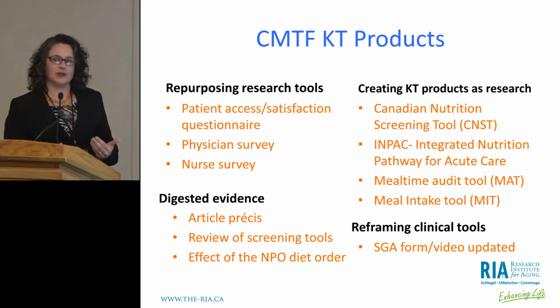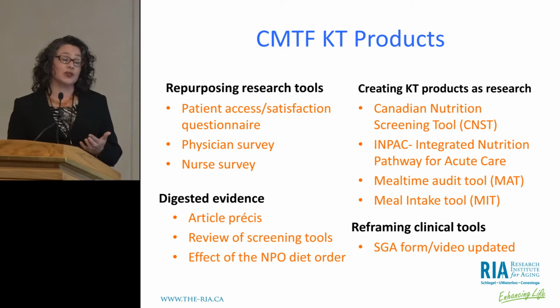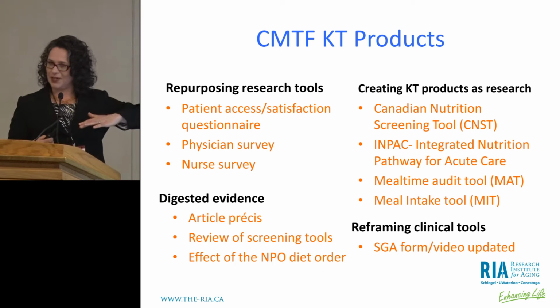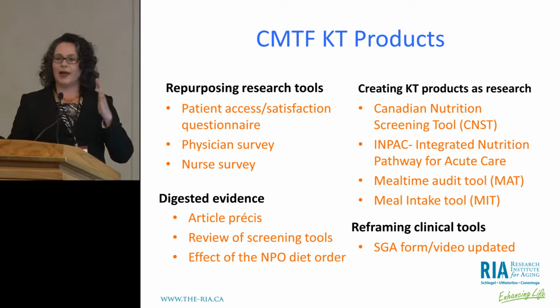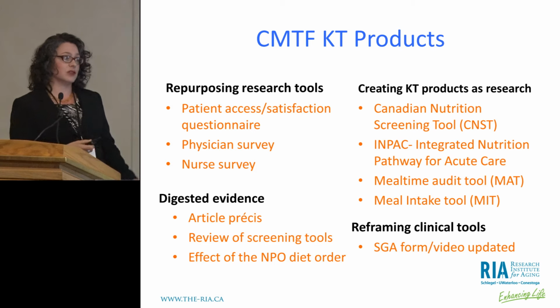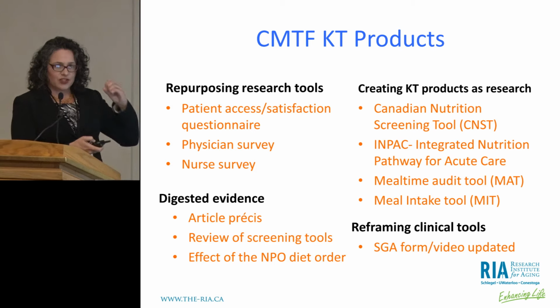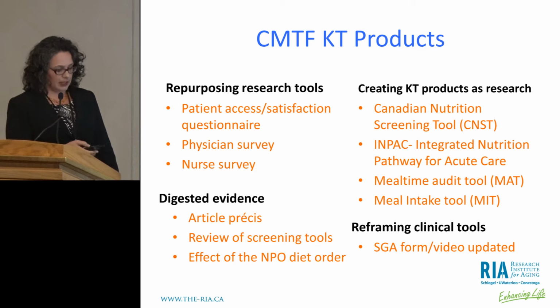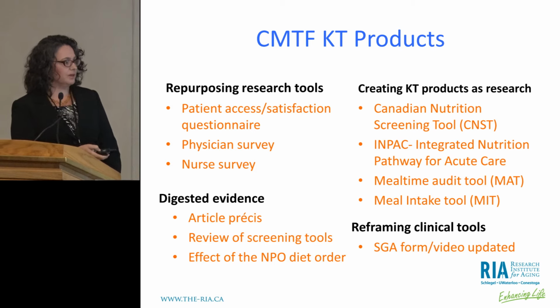So one of the key things we developed was a nutrition screening tool that we think is simpler and more real life in terms of being used in acute care. And on our webpage is a comparison of all the acute care tools that are out there in the literature and why they may choose the CNS tool rather than these other tools. So all of that is digestion of evidence away from the manuscripts into a more readily available piece of information.